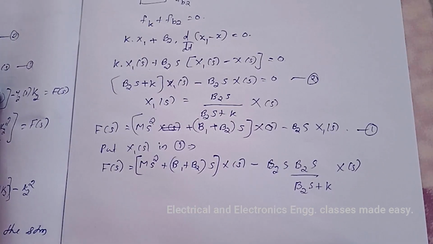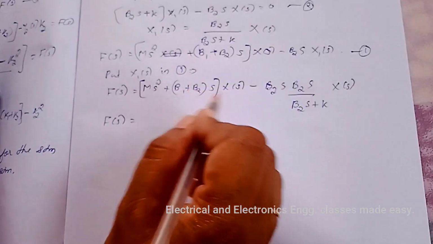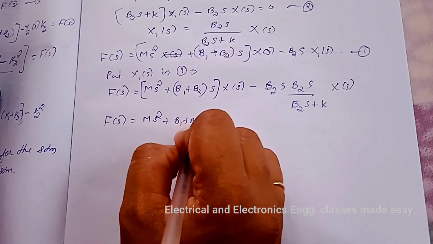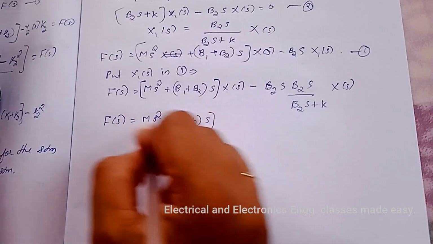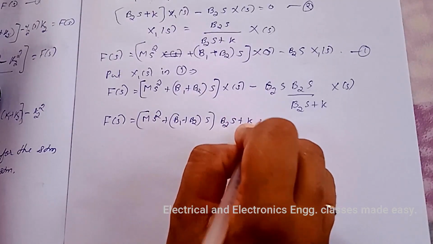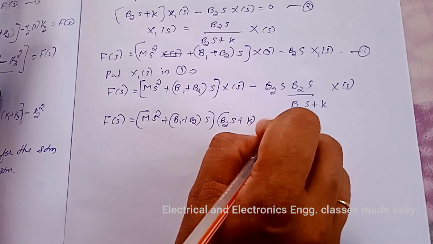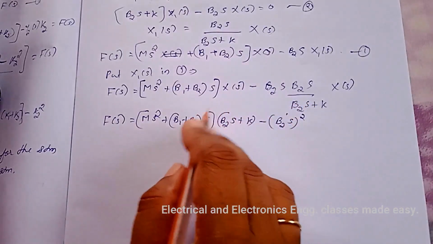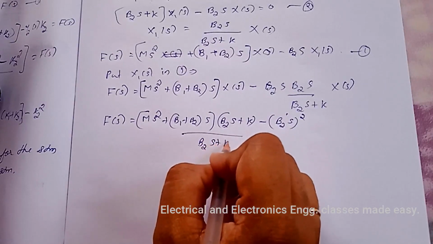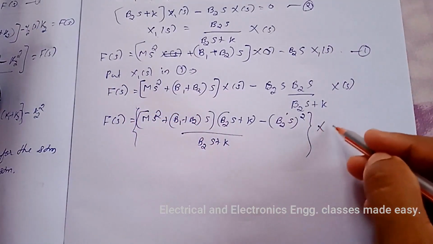Now taking the LCM, f of s equal to m s square plus b1 plus b2 into s into b2s plus k minus b2s the whole square, divided by b2s plus k into x of s.